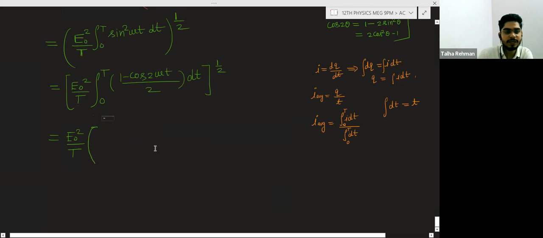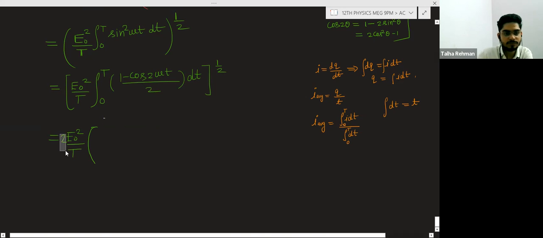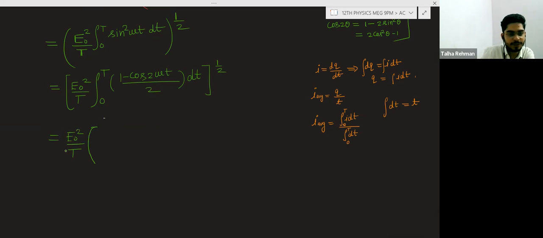This 2 can be taken out of the integration, so it will be in the denominator.